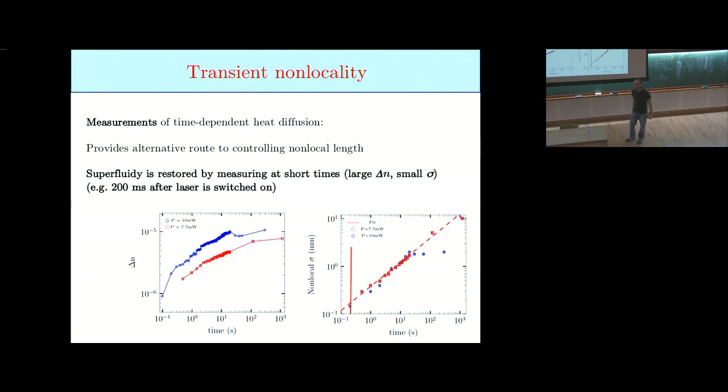If you work, for example, at around 200 milliseconds after you switch the laser on, you've got a tiny sigma, nearly a local response, but you still have a relatively large delta N. That's how we're doing everything I'm going to show you from here on. We switch on the laser, and the camera takes a picture 200 milliseconds afterwards.